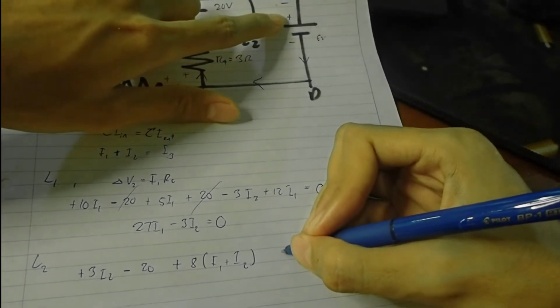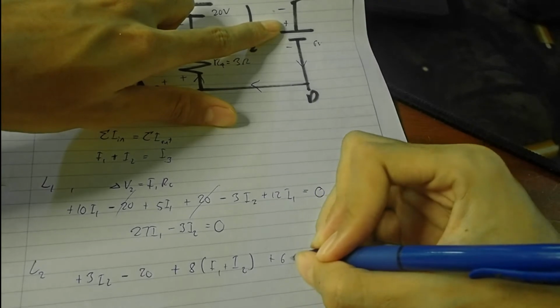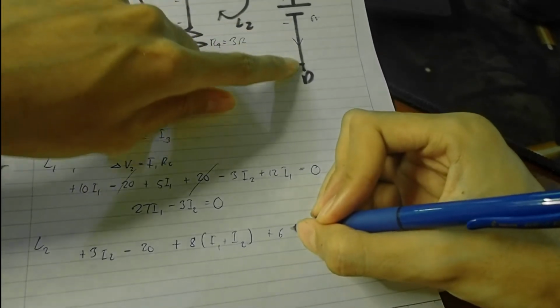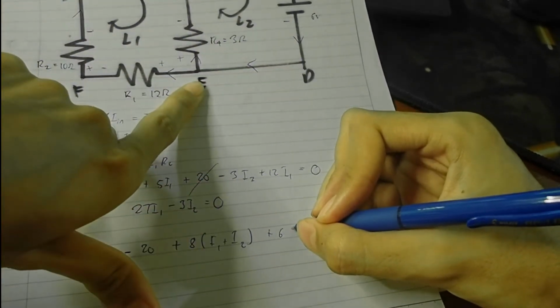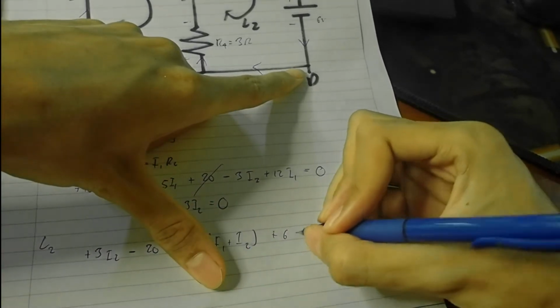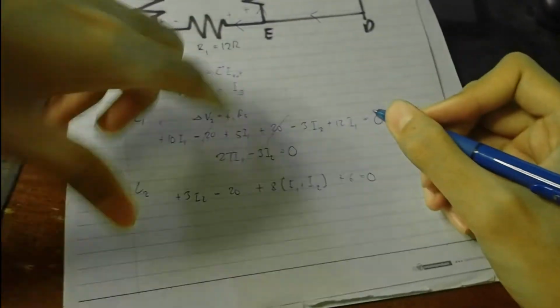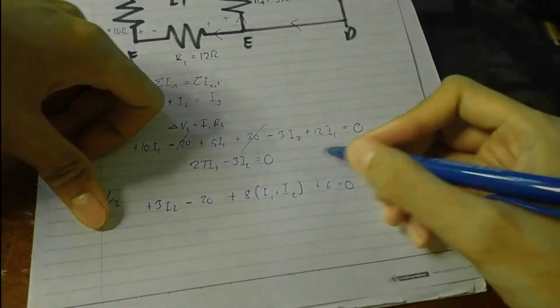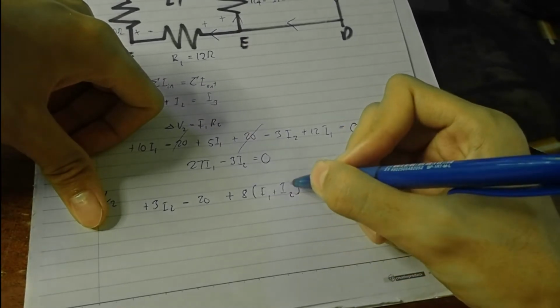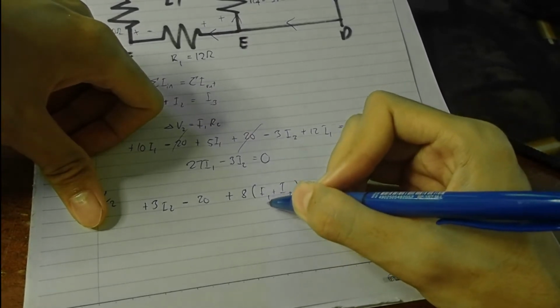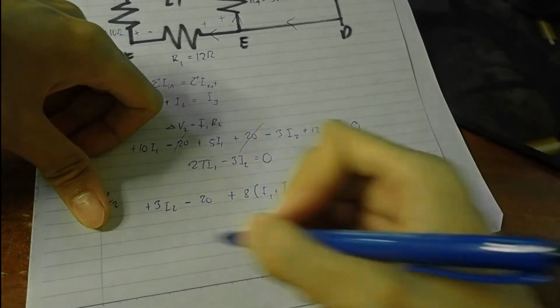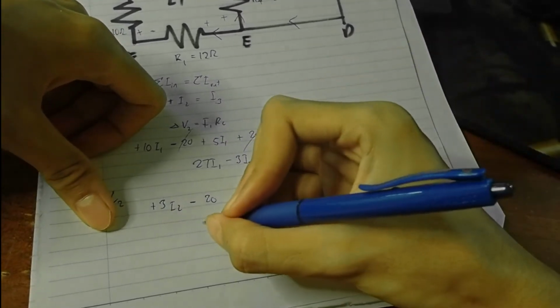And then we meet the battery, so plus 6 volts. Move along the wire and then we stop at this section, right? So we need to simplify this expression or expand this part. We got 8 I1 plus 8 I2, and let's simplify this whole expression.